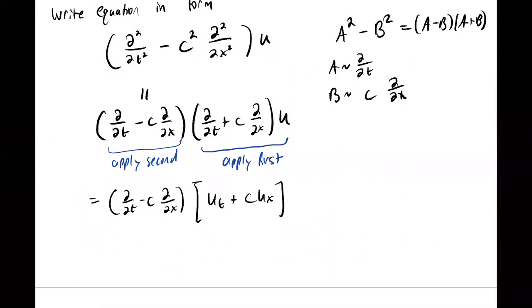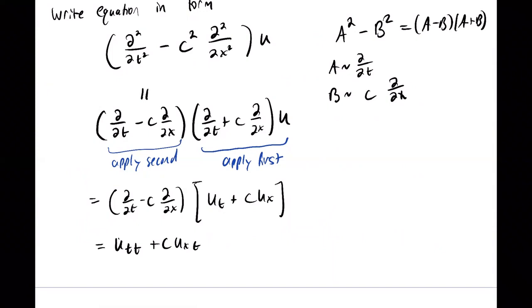So I applied the first operator that's closest to u. And then now I have this new function, ut plus cux, and now I'm going to apply the second operator. And so what do I get? Well, I'm taking the derivative with respect to t. So if I apply that to the first term, I get utt. Now let me apply the d/dt to the second term, so I get plus c times uxt.